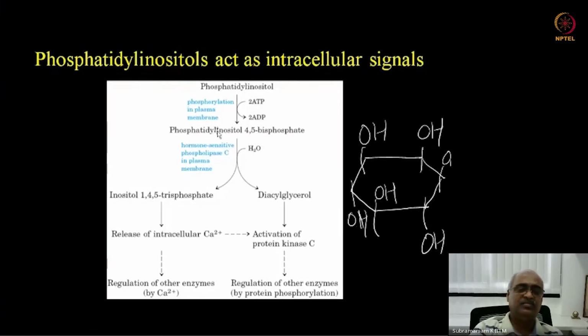So this inositol 4,5 bisphosphate, which is made on the membrane phosphatidyl inositol. The inositol moiety can be phosphorylated twice by transferring from ATP. So this will be ATP phosphatidyl inositol phosphotransferase.